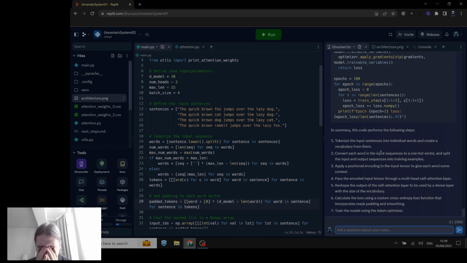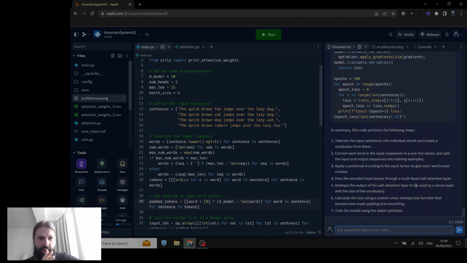Okay, so actually all you need is attention. So you apply positional encoding, you pass the encoded input tensor to a multi-head self-attention layer.